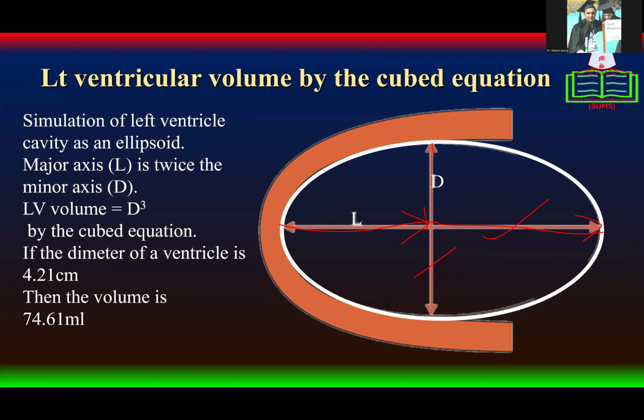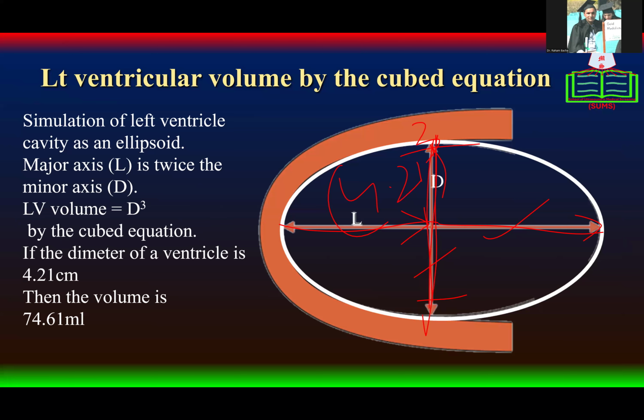If the diameter of the ventricle is 4.21 centimeter, for example, then according to the cubed equation, we'll cube it, and by solving it we'll get 74.61 ml volume.